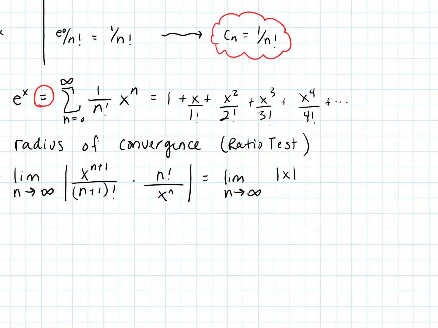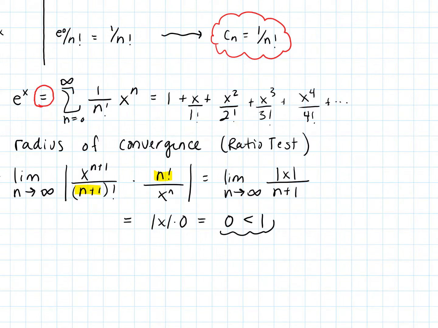And in these 2 factorials, everything is going to reduce except for the n plus 1. There'll be a single factor on the bottom factorial left, n plus 1. And as n goes to infinity, this of course becomes the absolute value of x times 0, which is simply 0.